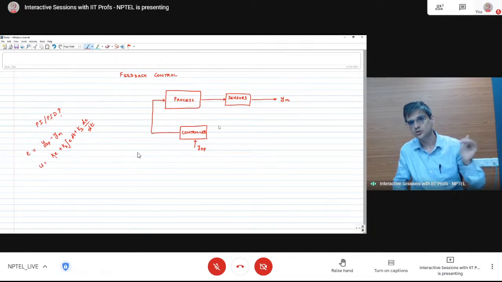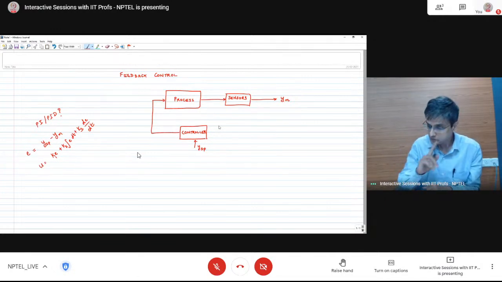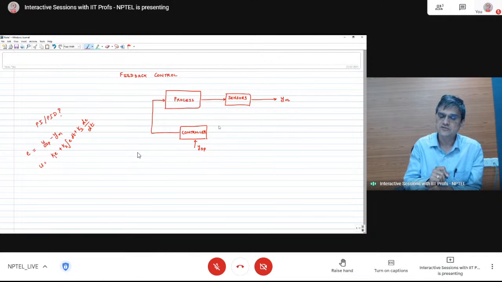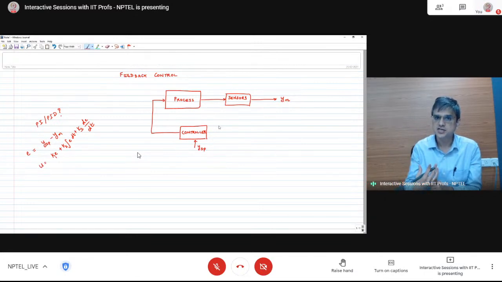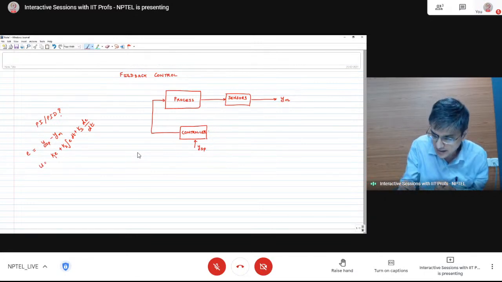PI PID come at what is known as the regulatory level of control. For advanced levels of control, from the outputs you need to estimate the states, and what we put over there is known as an observer or estimator.